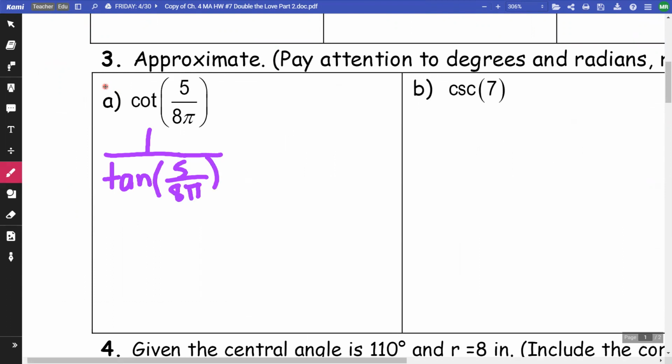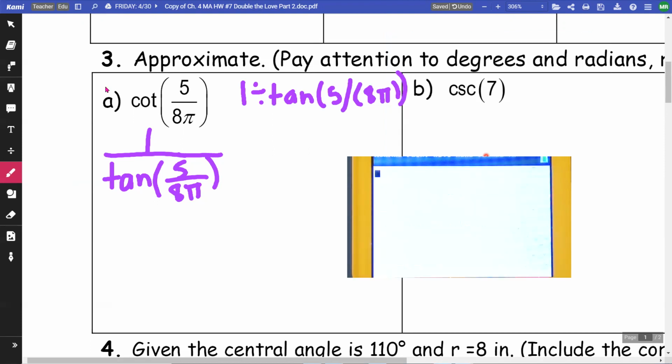If I'm not using fraction form, you have to be careful: you would type 1 divided by tan of 5 divided by parenthesis 8 pi in parentheses, so the 8 pi has to go together.